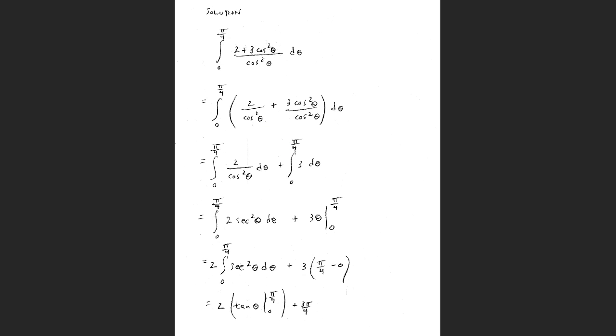Now let me show you how we would work this. Let me go to the solution here. So what we can do is recognize that we have a fraction here: 2 plus 3 times cosine squared of theta, all divided by cosine squared theta. I can break that fraction up into the sum of these two fractions.